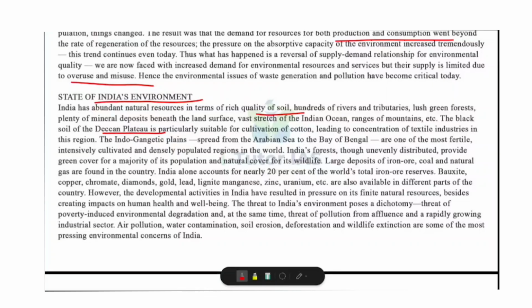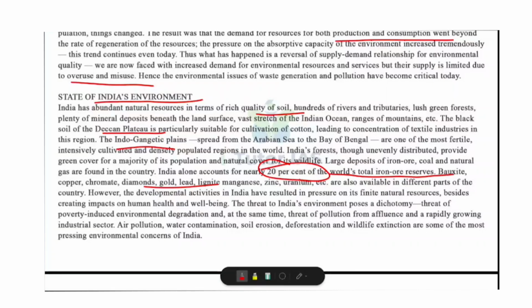They are among the most intensively cultivated and densely populated regions in the world. India also has large mineral reserves like iron ore, natural gas, bauxite, copper, gold, lead, zinc, uranium and more. In fact, India holds 20% of the world's iron ore reserves. Note that point.